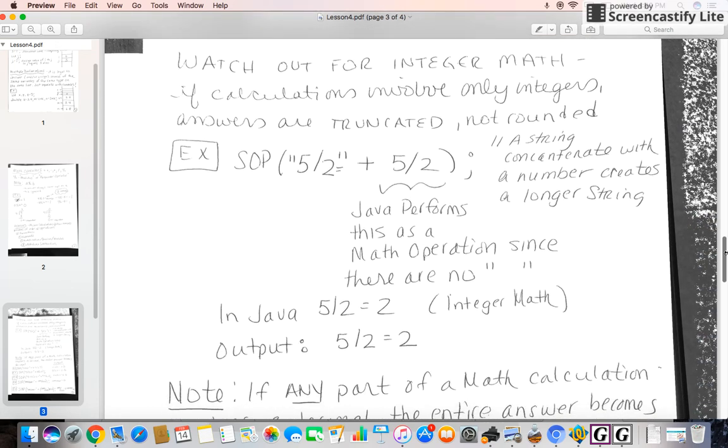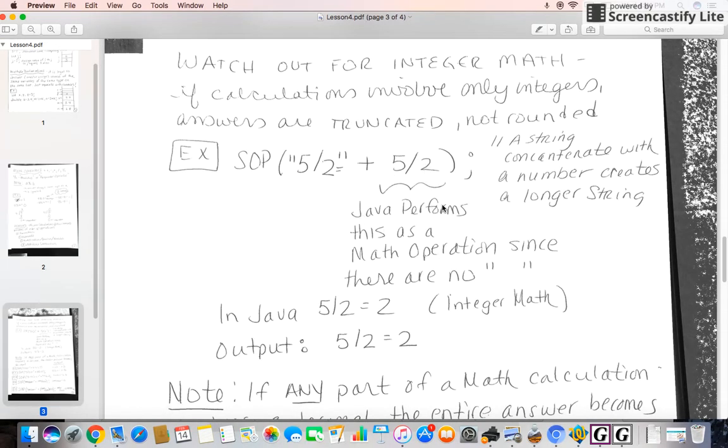Now, one of the things we have to watch out for when we're doing math in Java is something called integer math. So if calculations involve only integers, the answers are truncated, not rounded. So for example, remember this stands for system out print line or print. If I have this operation where I have a string and I'm concatenating it with 5 divided by 2, this part is a math calculation.